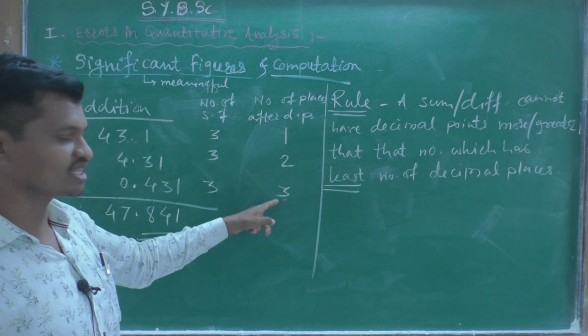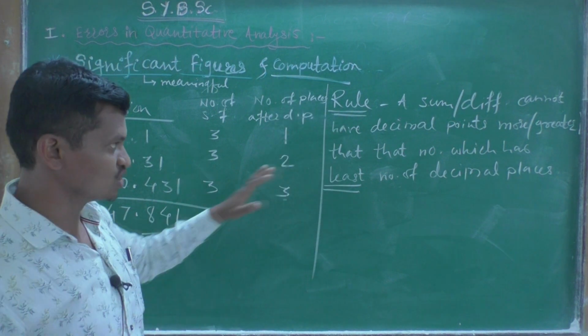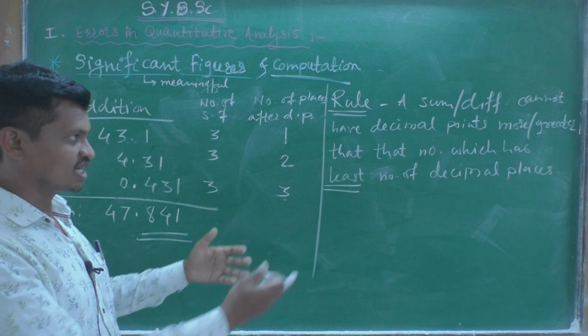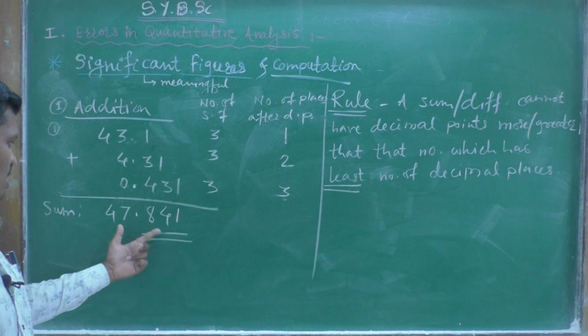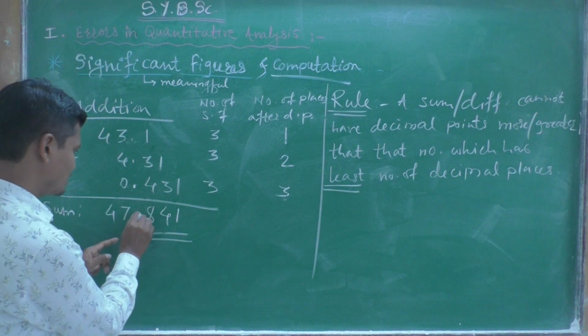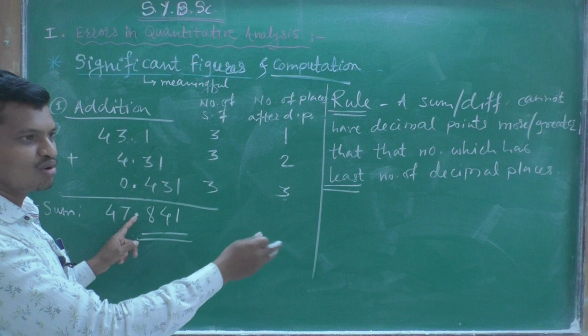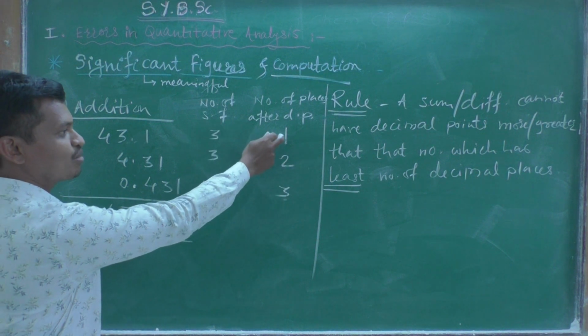Here it is 2, and here 3. So according to this rule, the result of addition or subtraction cannot have more decimal places than the number which has the least number of decimal places.